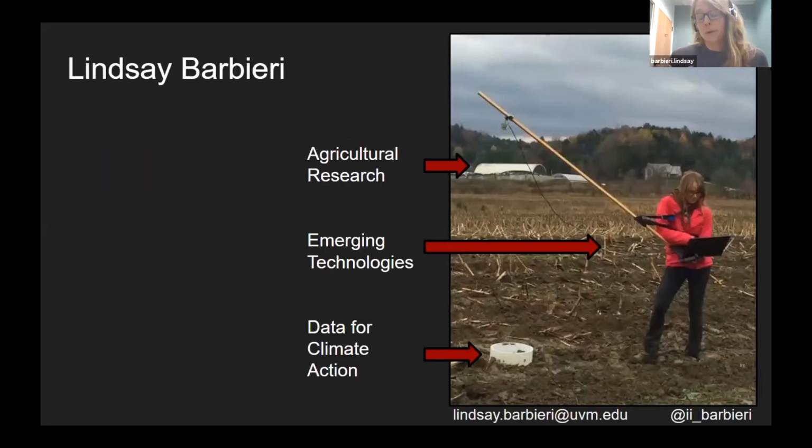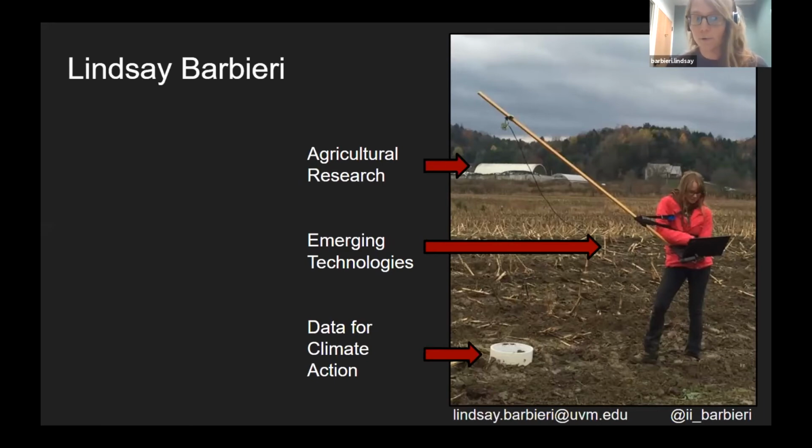So situating my own research a little bit more, it's funny to think about myself as the global context, because actually a lot of my agricultural research is field-based and local in Vermont. But I have been thinking a lot about how to scale between these different scales.